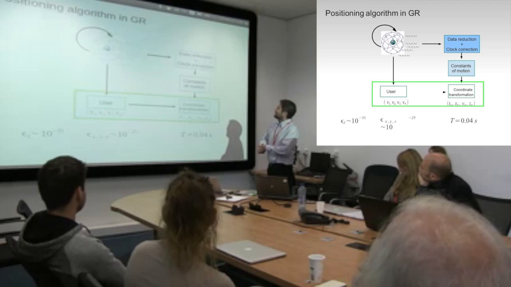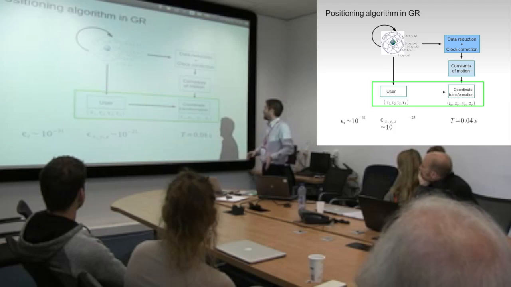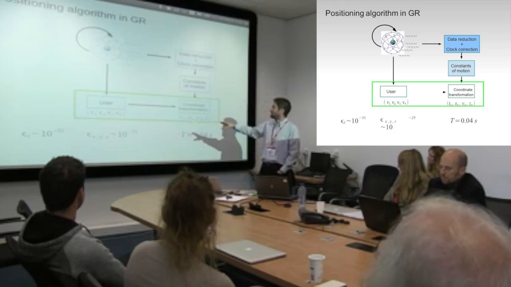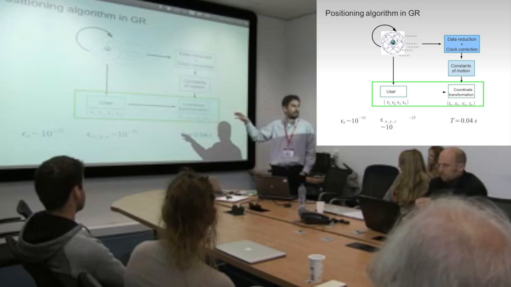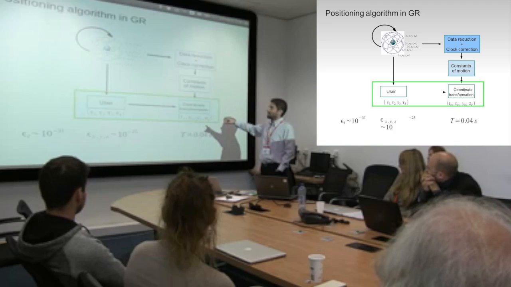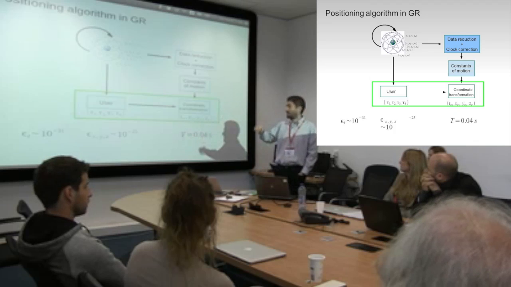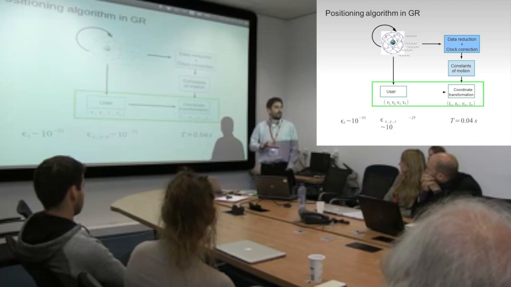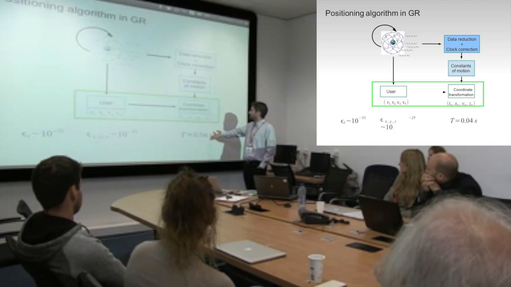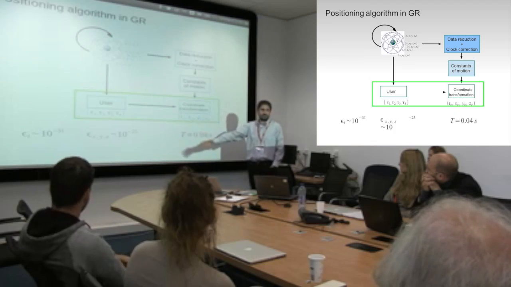Now the positioning. Andrea already said about it. I won't spend much time on that. I just want to say that if you use the relativistic approach, the general relativity equations, and try to determine the position of a user on Earth, it's really not a technical problem. You can do it in this much time with accuracy which is ridiculous.